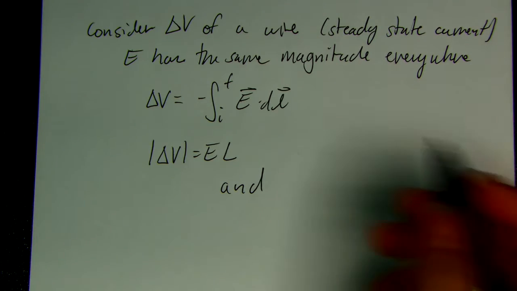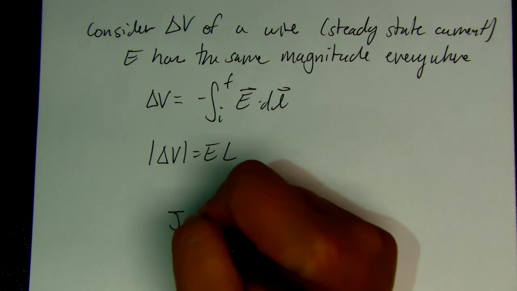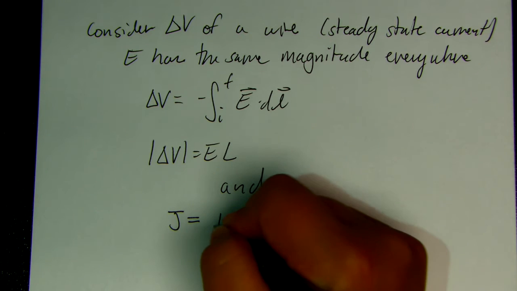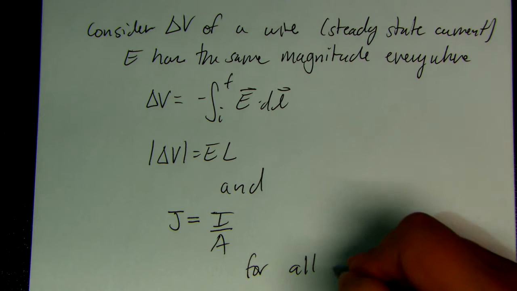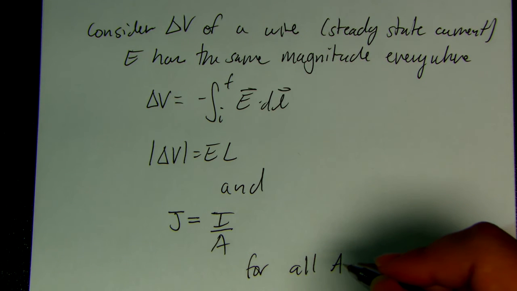And if we think about this in terms of current density, J is equal to I over A for all cross-sectional area.